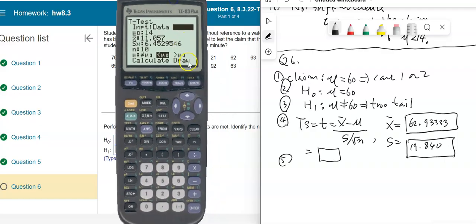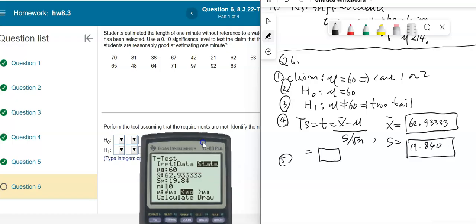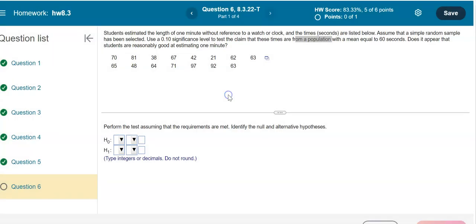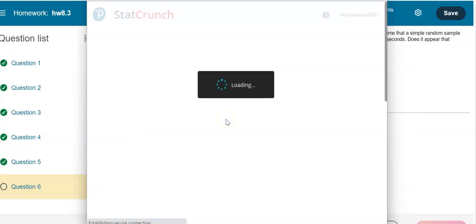What are we testing against? 60 seconds, and then x bar is 62.93333, and then s is 19.840, and then how many samples did I calculate that from? Let's look at the data.